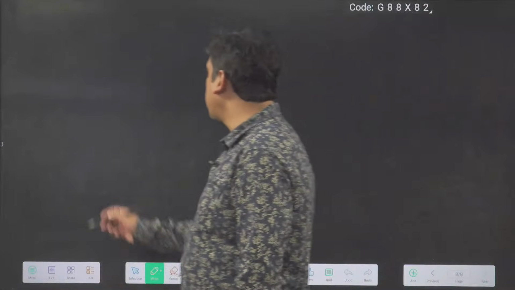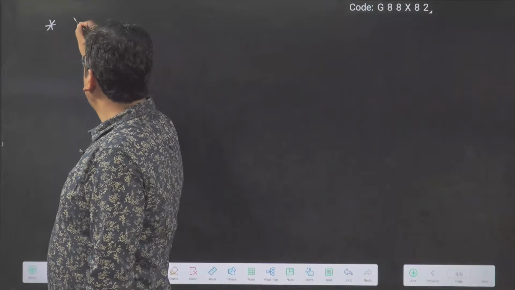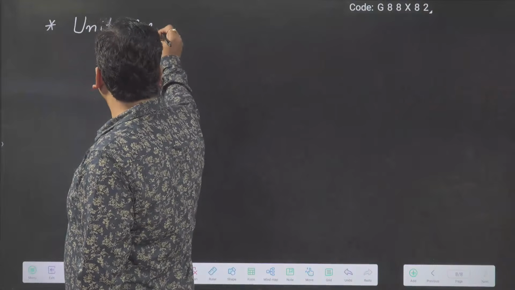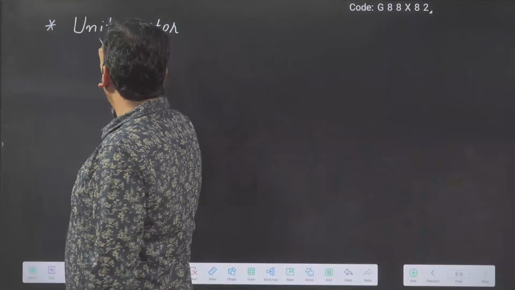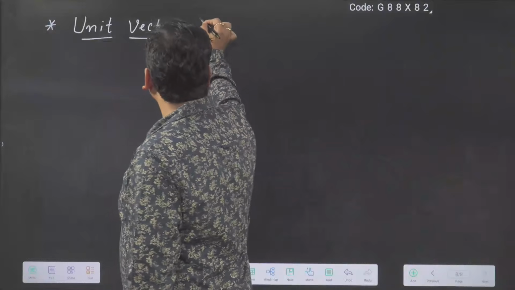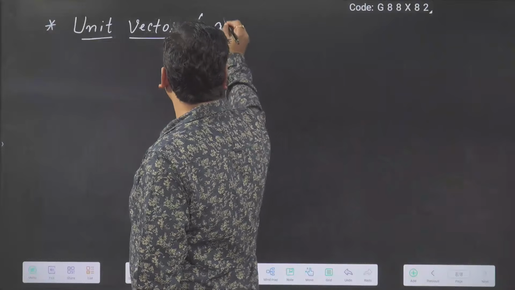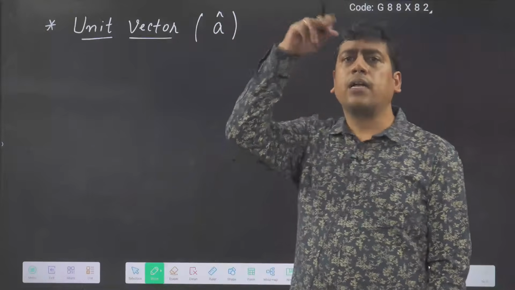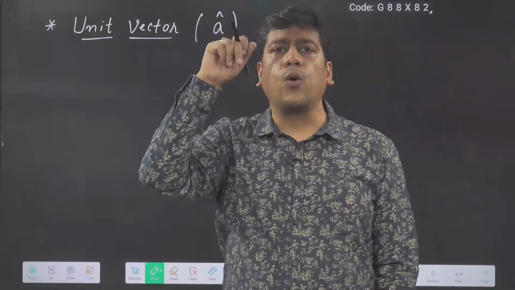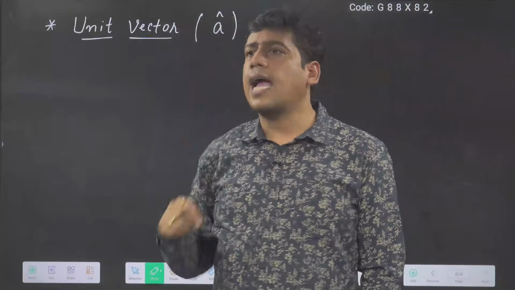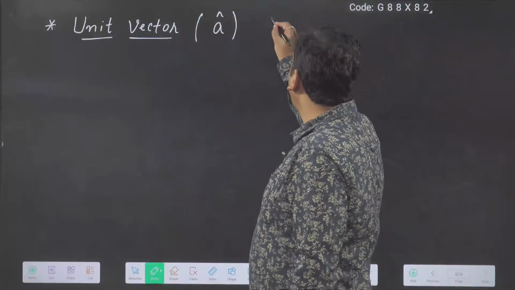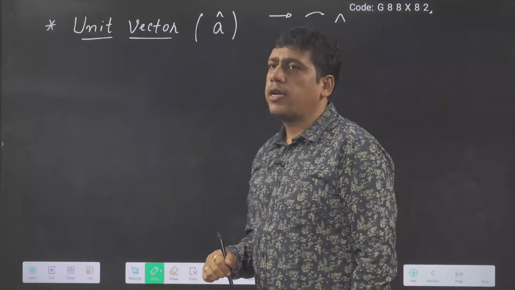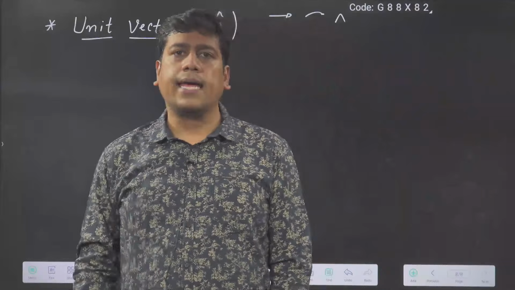Coming to the most important, the unit vector. It is represented with a cap, like A, B, C, whatever, but instead of an arrow at the head, there will be a cap. The arrow has been replaced with a cap. We call it A cap.